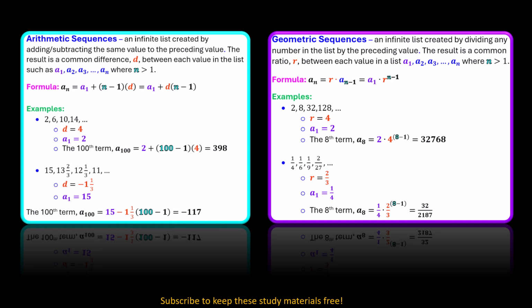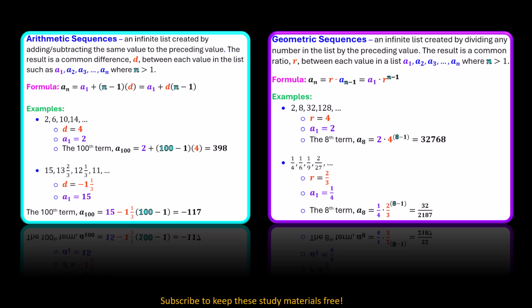Before we begin, let's note the two types of sequences that we are going to use in this video. You have the arithmetic sequence, and you see the formula, and note the difference between this sequence on the left, the arithmetic, versus the geometric sequence on the right.